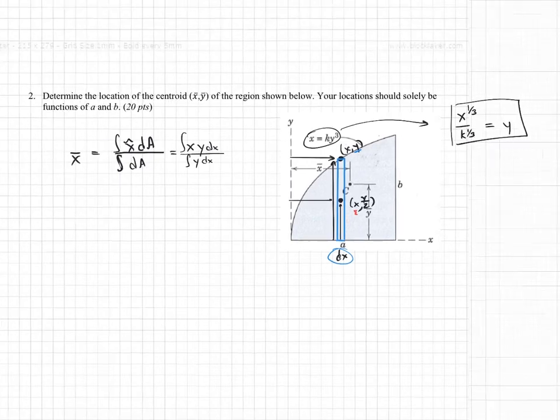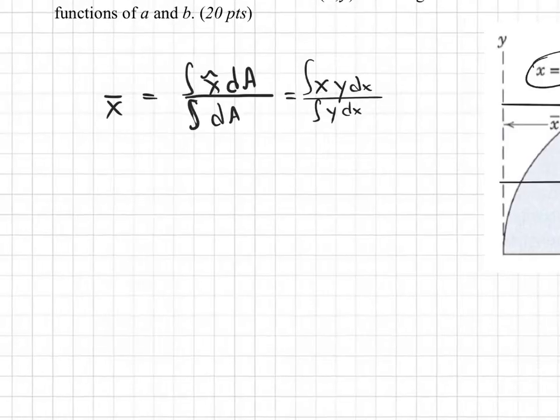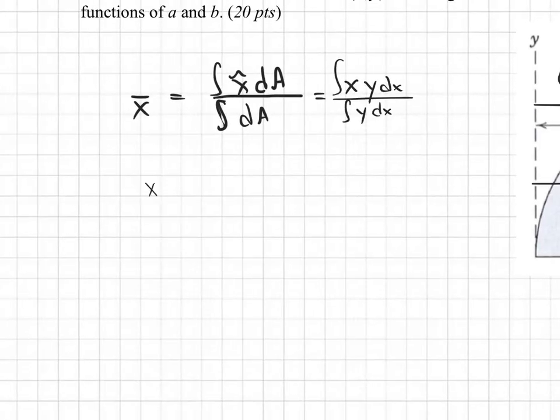So let's go over here and zoom on in. So x bar equals, in place of these y's, I'm going to put x to the 1/3 over k to the 1/3. Luckily that's not too painful in the case of x anyway. So we've got x, and then y is x to the 1/3 over k to the 1/3, times dx.